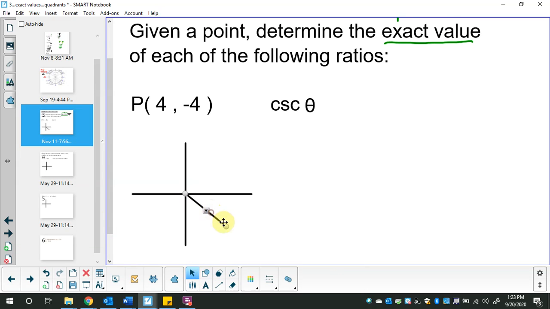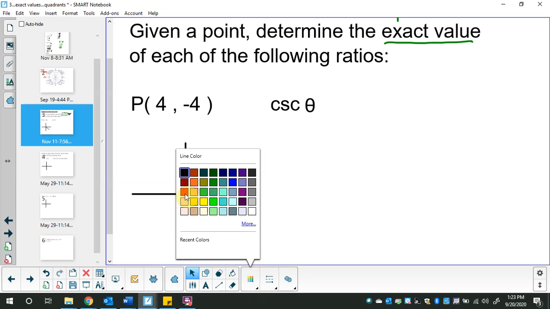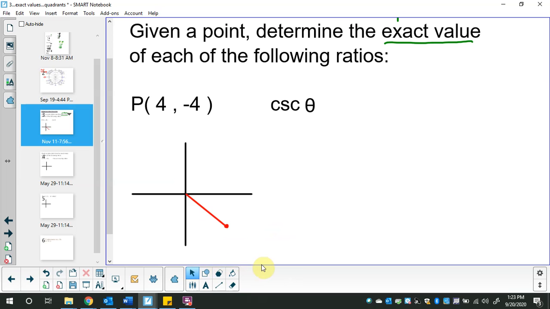And I'm going to turn it into a red terminal arm just so it stands out a little bit. So what we need to do is draw a triangle using this terminal arm.